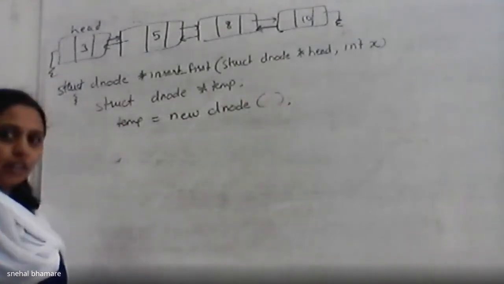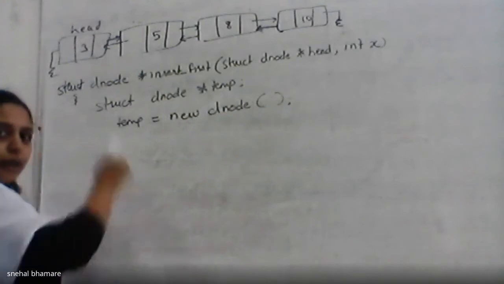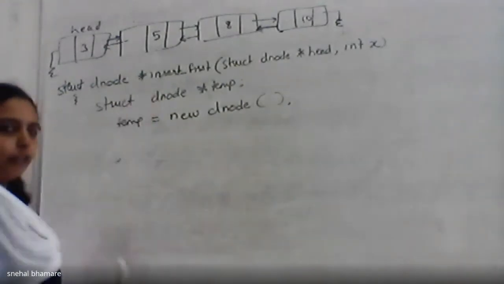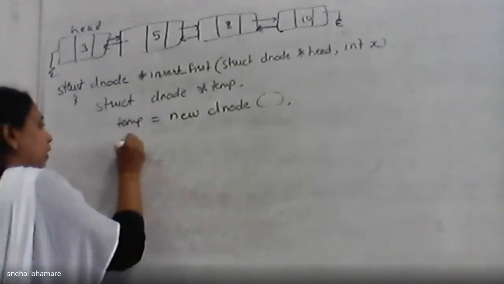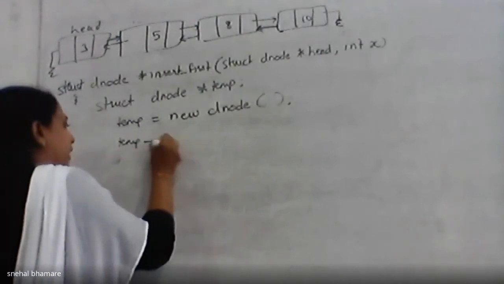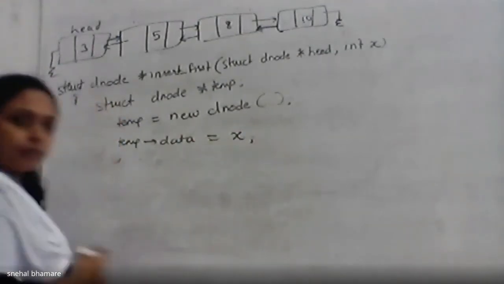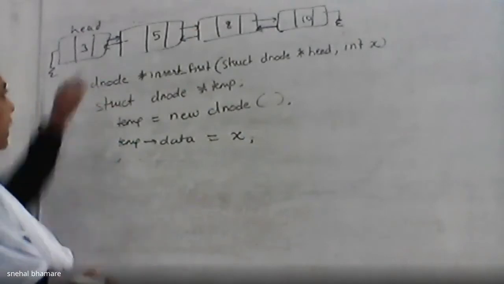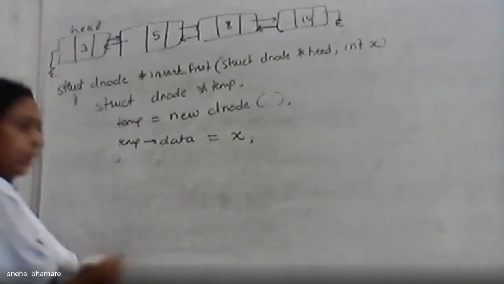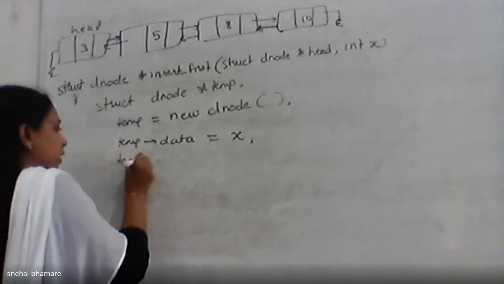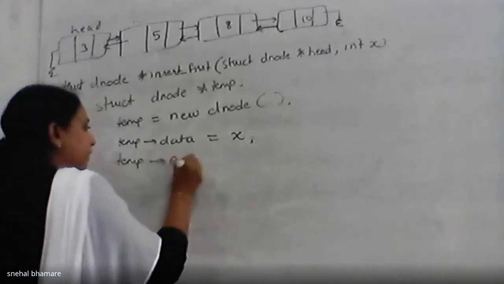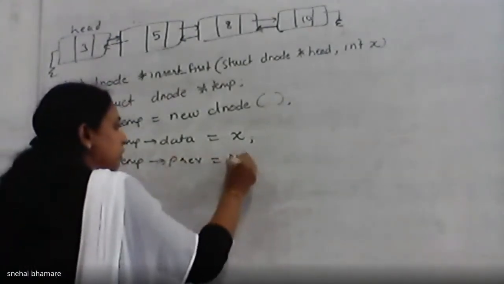It will allocate the memory. In the data part of the temp, I have to write the value of x. So temp data equals x. Then make its previous part null. Temp previous equals null.